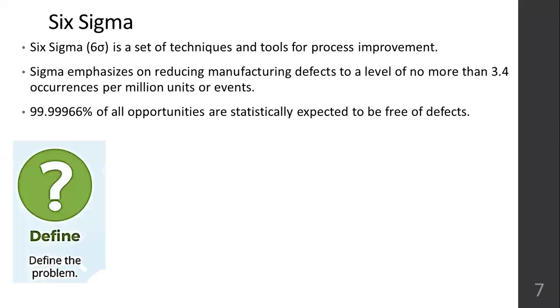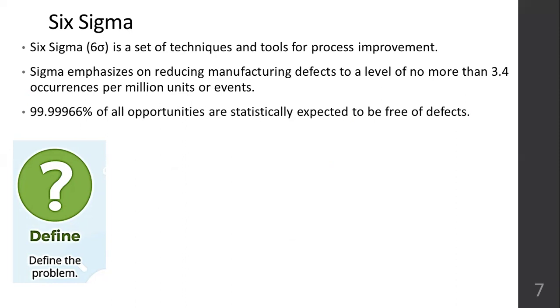So the first phase of Six Sigma is the define phase. In the define phase, you define the problem. DMAIC is one of the main tools used in Six Sigma. The D in DMAIC stands for define. First, you should know what the problem is. Only then can you go and find a solution for it.